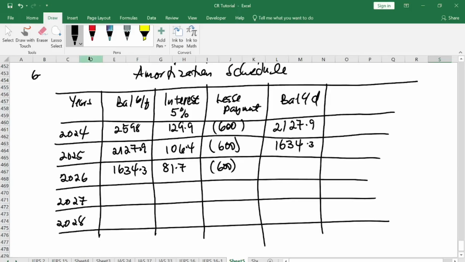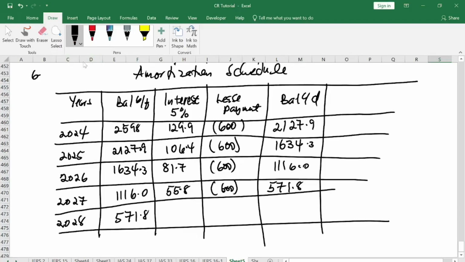Then 1634.3 plus 81.7 minus 600 gives you 1116. Then plus 55.8 gives you 571.8, with interest at 0.05 of 28.6 and your 600.